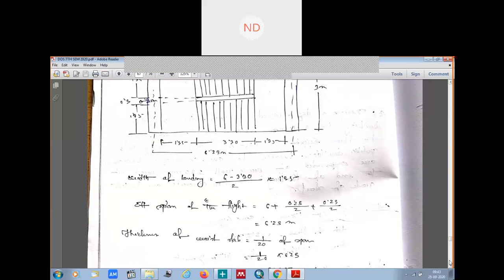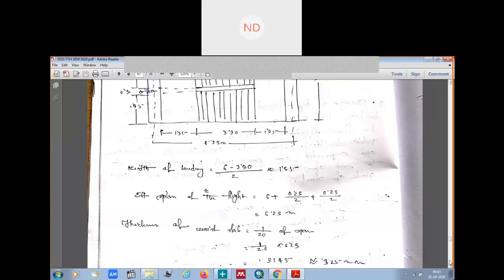Now, the effective span of the flight we had calculated is 6.23 meter. Now the thickness of the waist slab. I told you in the beginning that you can assume it to be between 1/28 and 1/25 of the span.